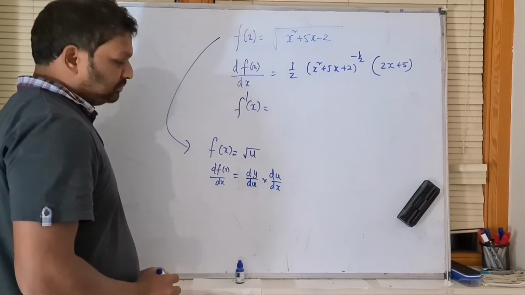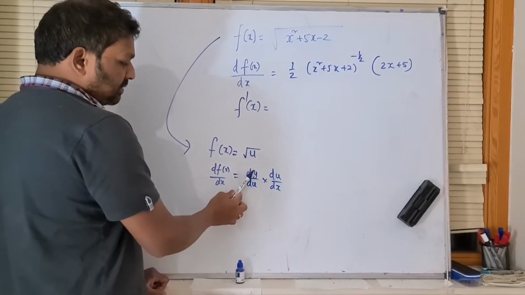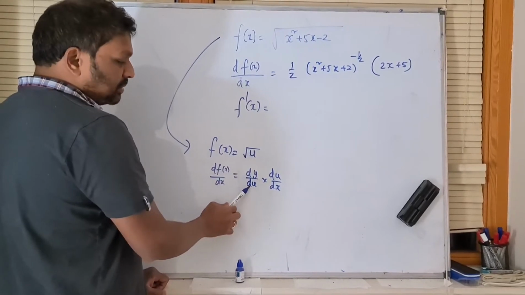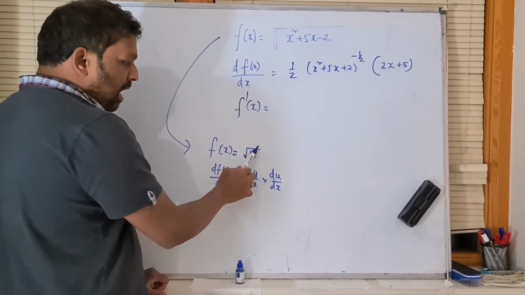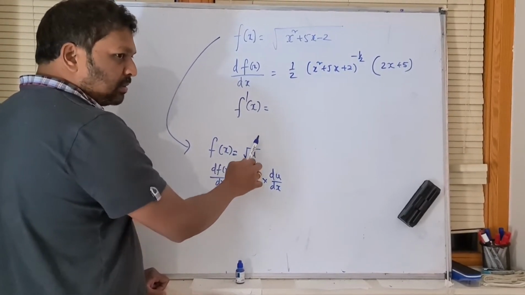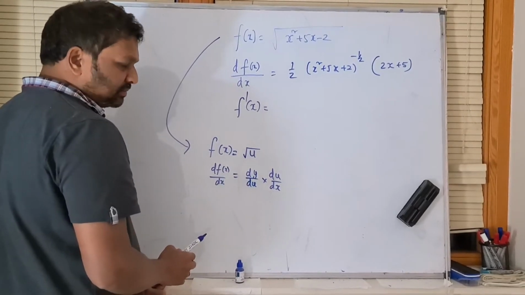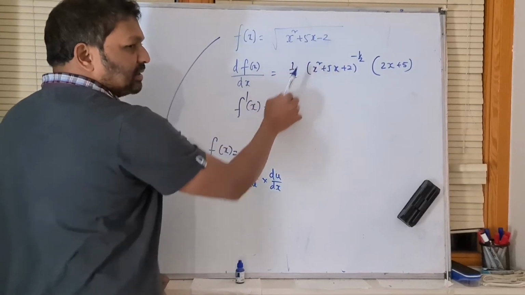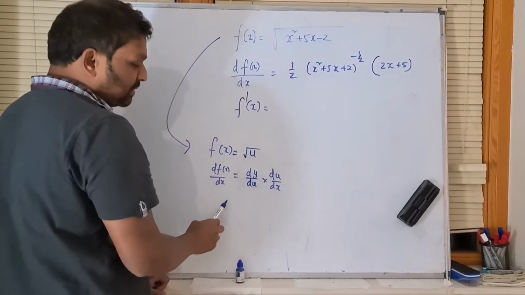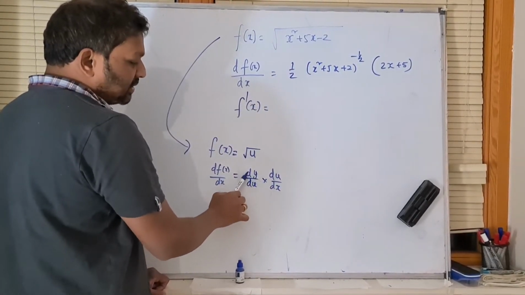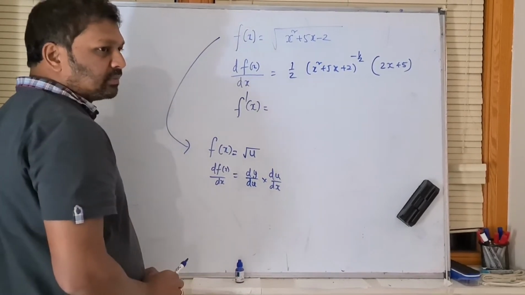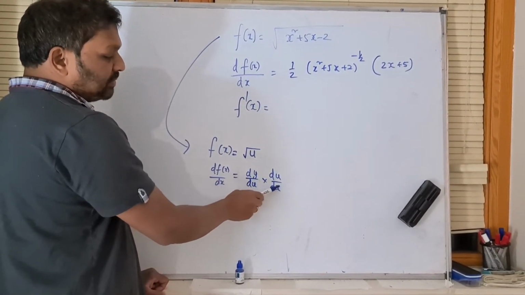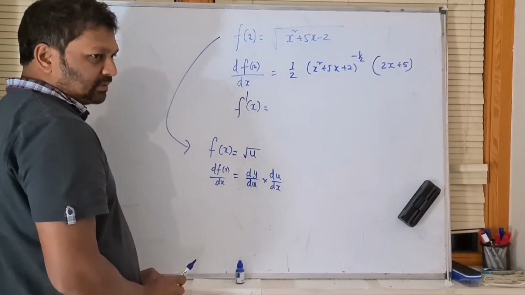Differentiation of y with respect to u gives half u to the power of half minus 1, and then u is this part, differentiated with respect to x. This is called the chain rule. du gets cancelled, and eventually dy by dx will be left.